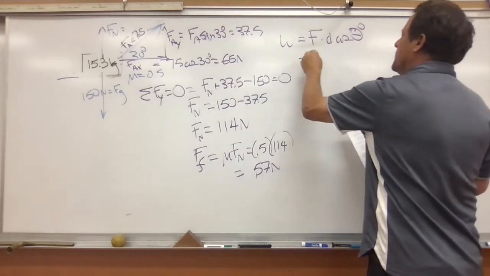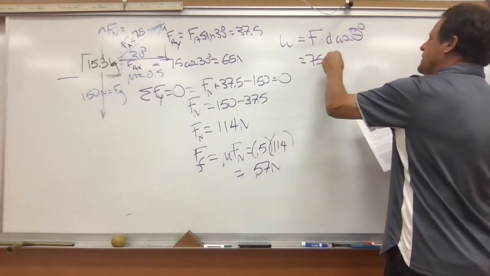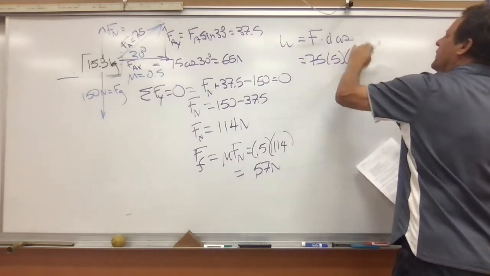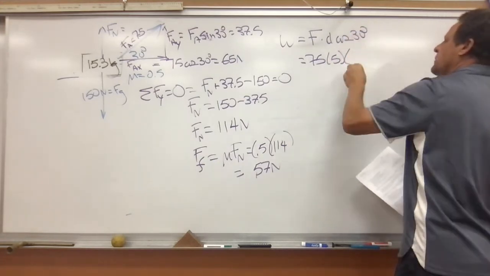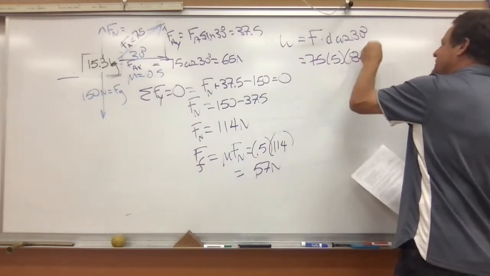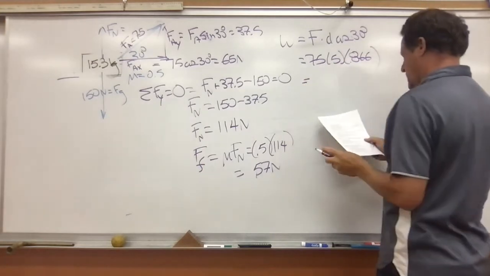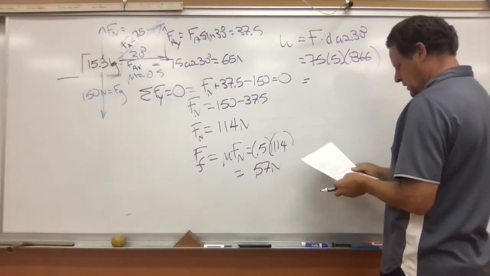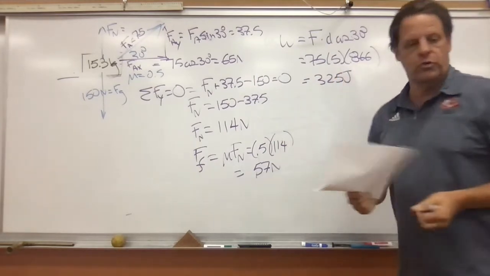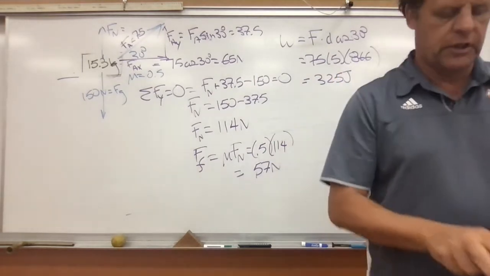So this is going to be 75 times 5 times the cosine of 30 degrees, which is 0.866. And we are going to get approximately 325 joules. Let me double check that.